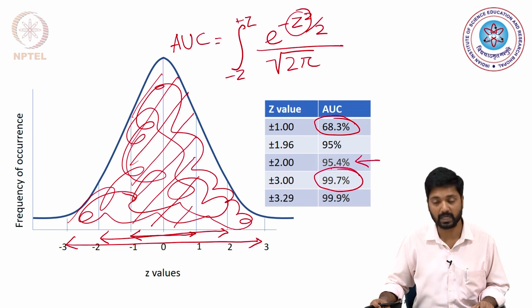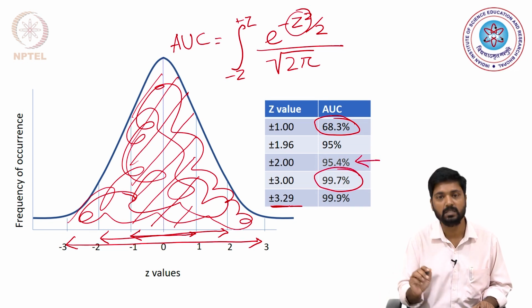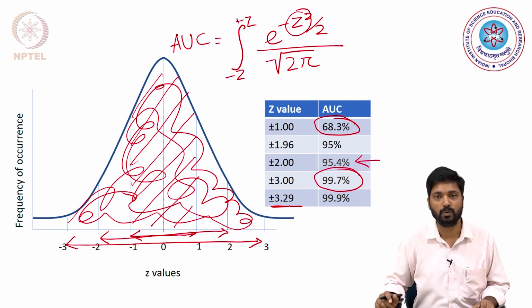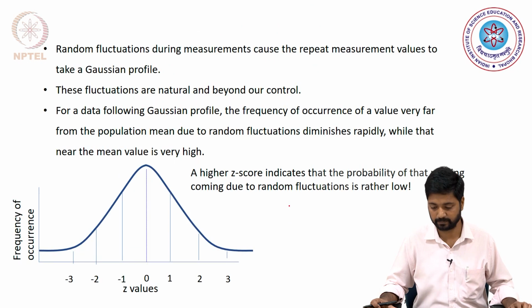In order to cover 99.9% of all the values, we would have to use a z value of plus minus 3.29. As we can see, this profile is very similar to what we obtain when we plot the error function with respect to the sigma value or the population standard deviation.